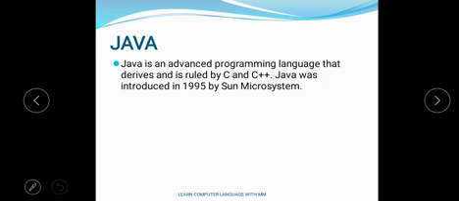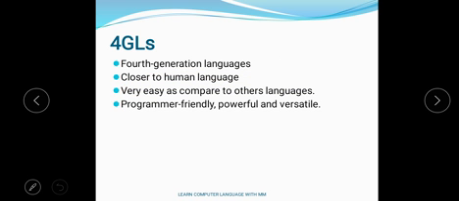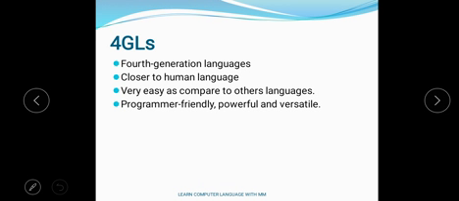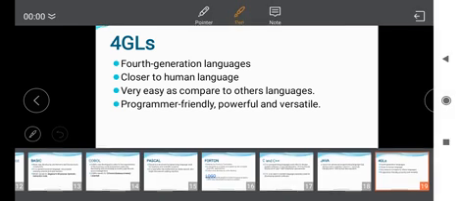Java. Java is an advanced programming language that derives from and is ruled by C and C++. Java was introduced in 1995 by Sun Microsystems.